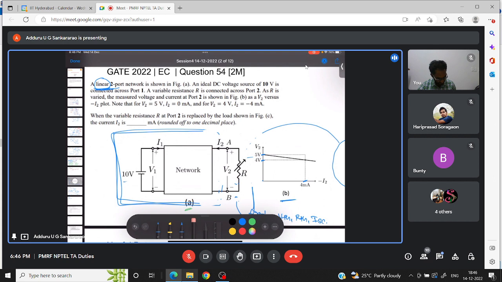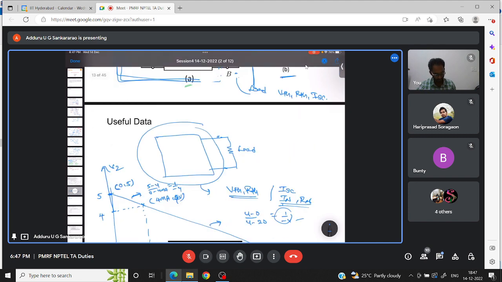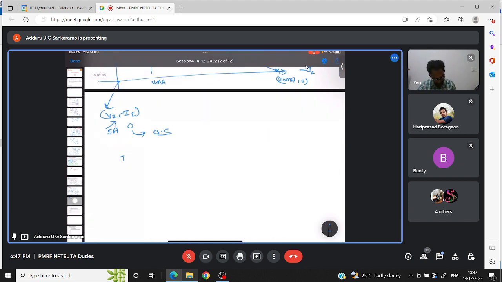Do you agree that when it is open circuited, then only it's 0? So I2 is 0 amperes implies that at port 2 it is open circuited.